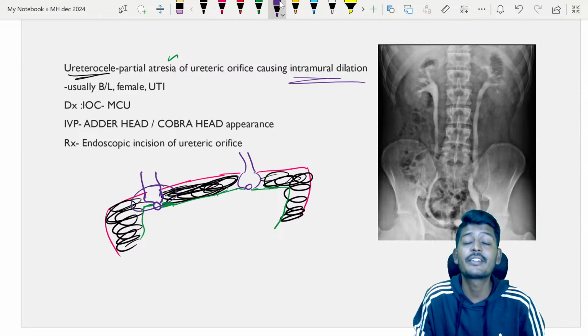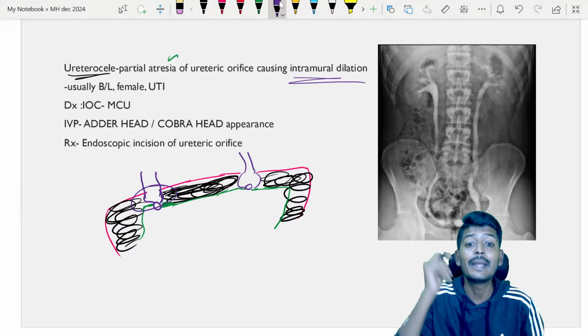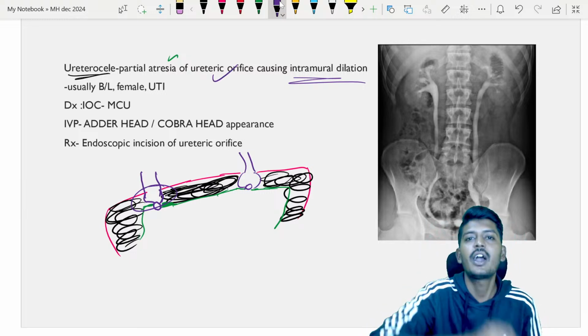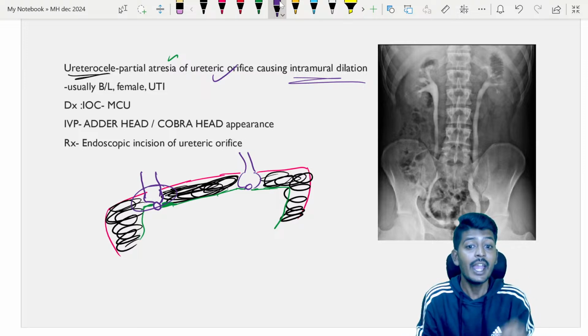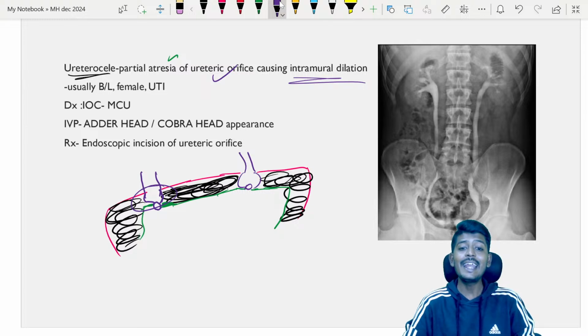A dilated structure is called a cele. So ureterocele, because of what? Partial atresia of the ureteric orifice. Where is the dilation? Within the layers. This is a very important key point to understand. So intramural dilation of your ureteric orifice leads to ureterocele.